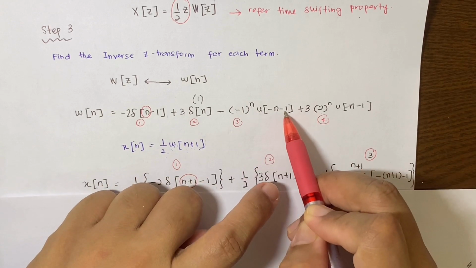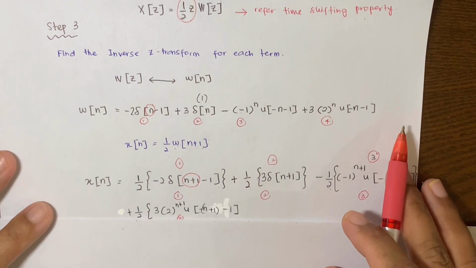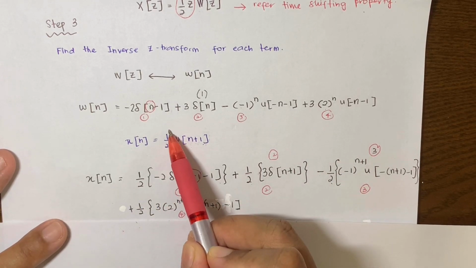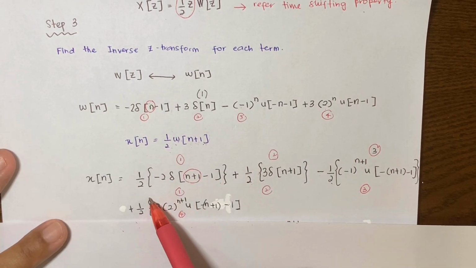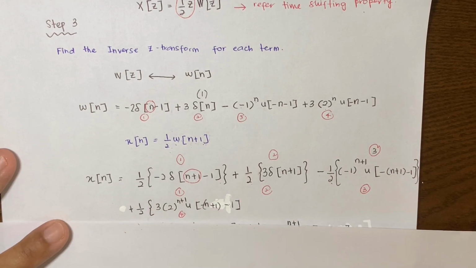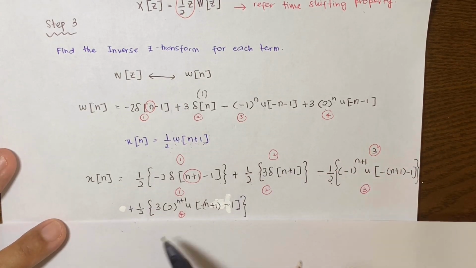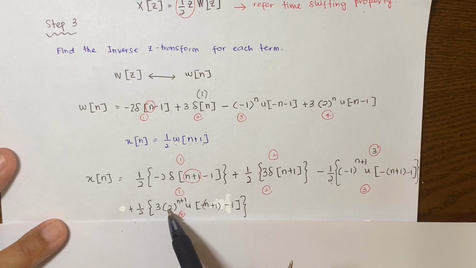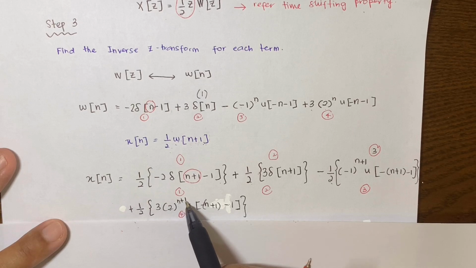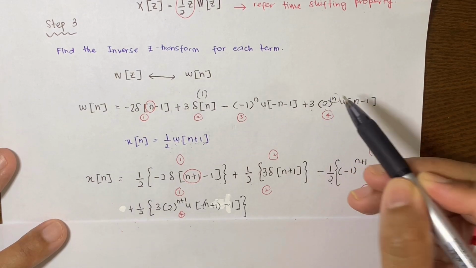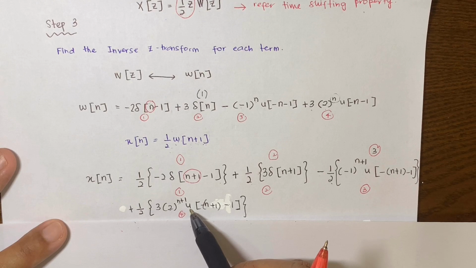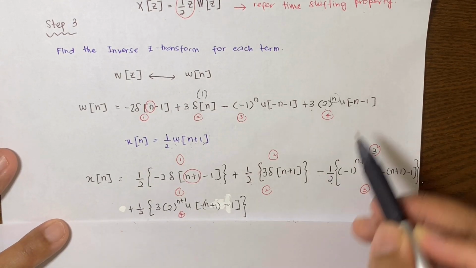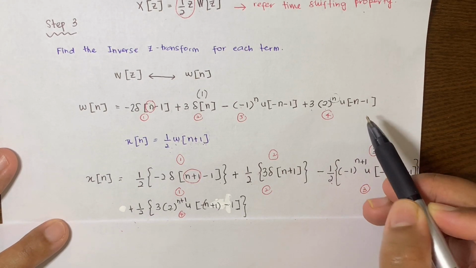Minus 1 comes from here. And the last term is plus 1 over 2, 1 over 2 comes from here, multiplied in this bracket, here 3 times 2 to the power of n plus 1, and you need to change to n plus 1, u[negative n plus 1 minus 1].